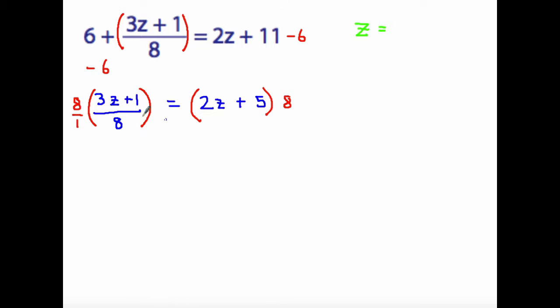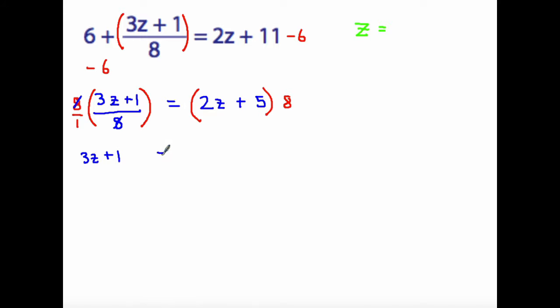Okay, so if we're going to multiply the 8 into this, all I'd be left with is the 3z plus 1, because the 8 divided by 8 becomes 1.